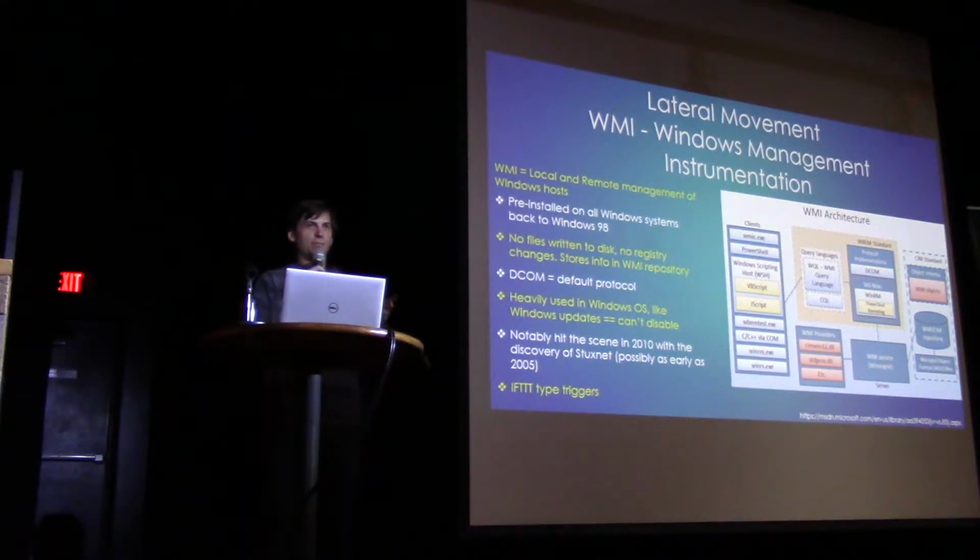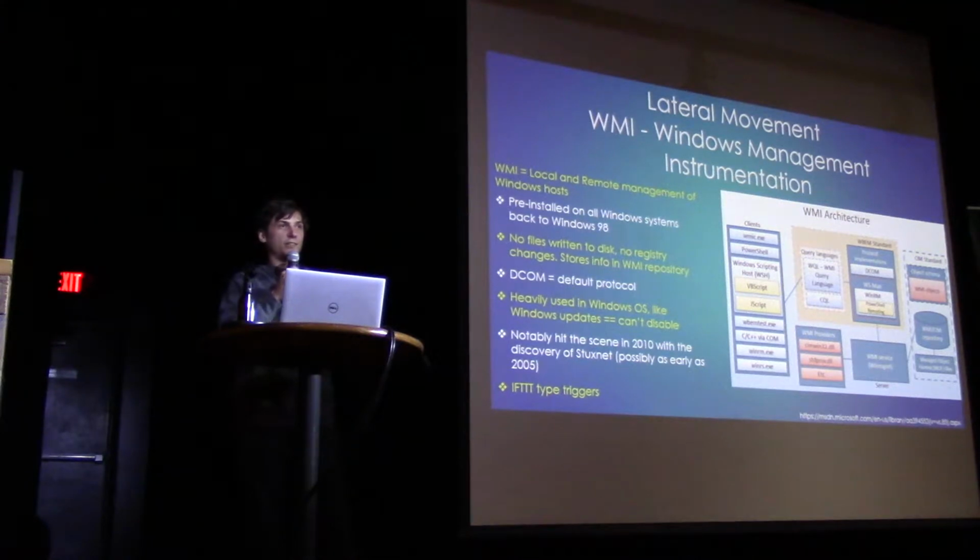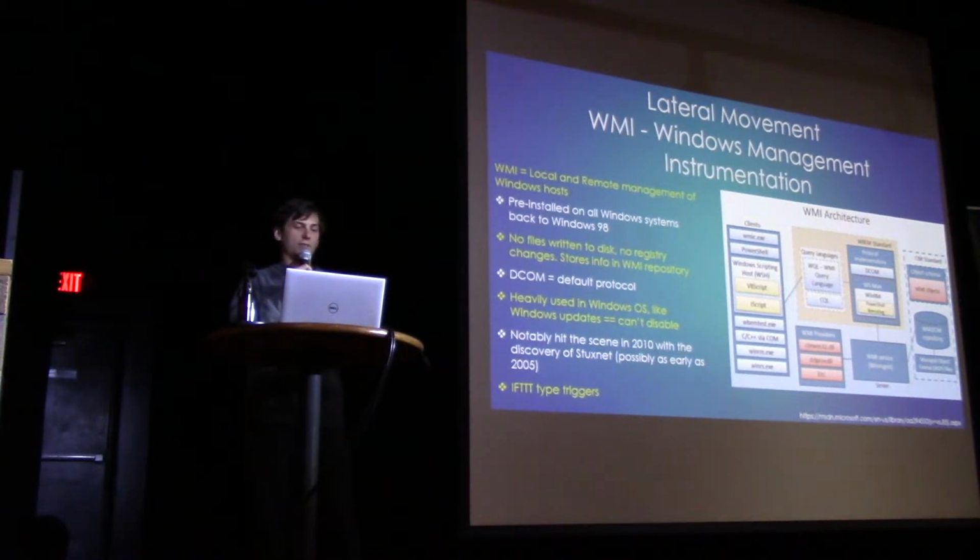This kind of became popular as an attacker thing, or at least recognized by the defensive community, in 2010 with the discovery of Stuxnet. I think it was the first major exploit tool that was found to be using WMI, and it might be a reason that it hadn't gone detected for so long, and they think it was maybe used as early as 2005, is because no one was really looking at WMI.